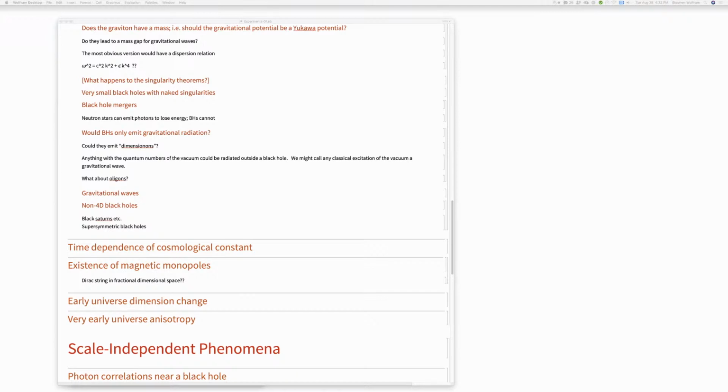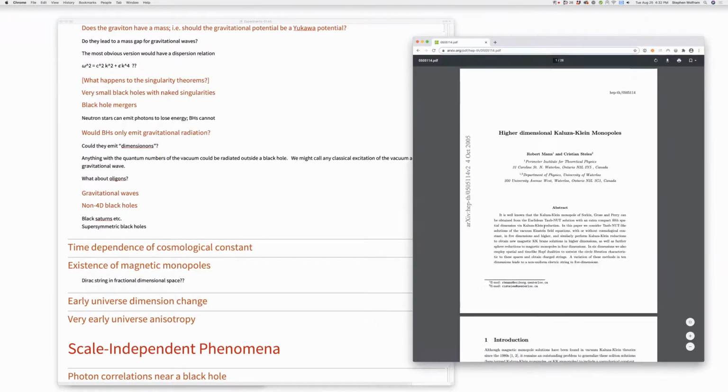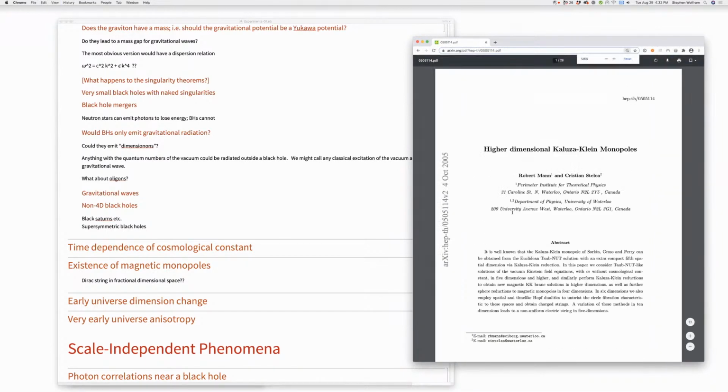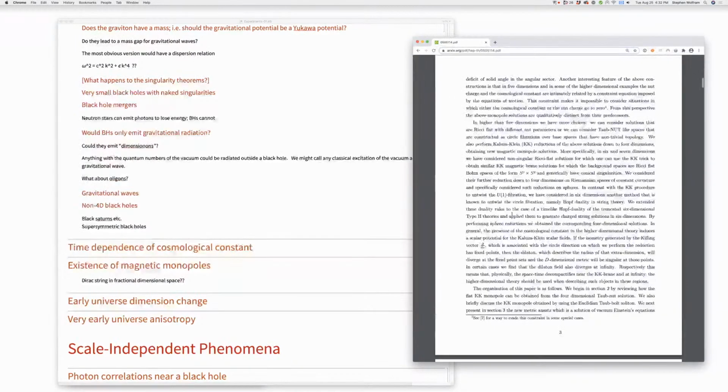You know, what's really disappointing about looking up things in particle physics is what a large fraction of the time the people who wrote the papers are people that I know or knew long ago. All right, let's see. Kaluza-Klein monopoles. Oh, this is the higher dimensional one. Is this the relevant thing?